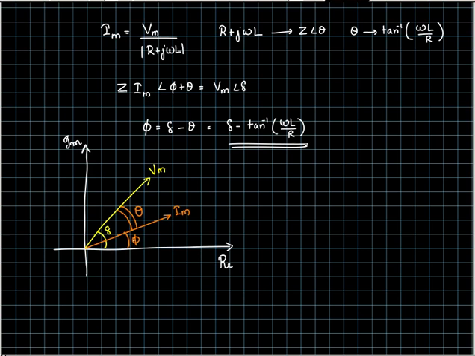So delta and phi are not very important, and it makes sense to look at the angle between Vm and Im. Therefore, often while drawing a phasor diagram, we take one of these quantities as the reference, say Vm as the reference, and then plot Im making an angle theta. That's all the information that we need in drawing the phasor diagrams.